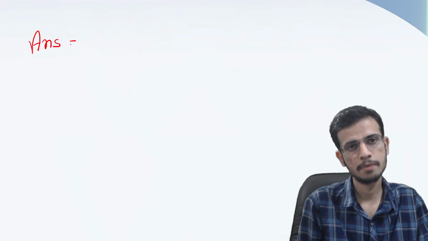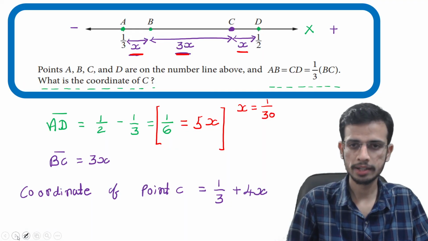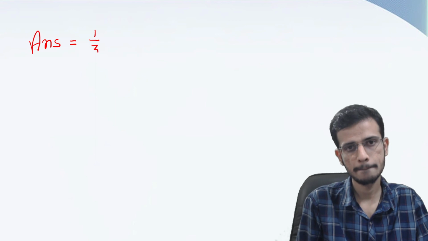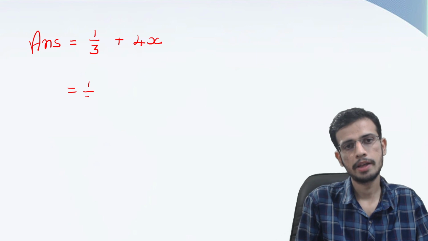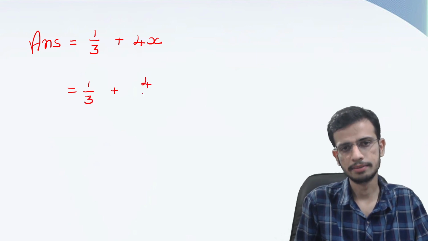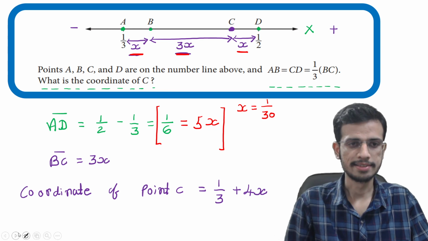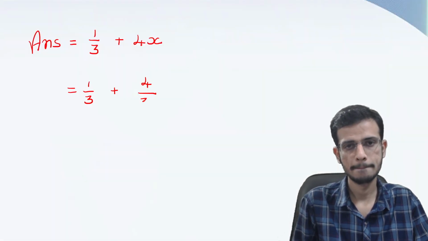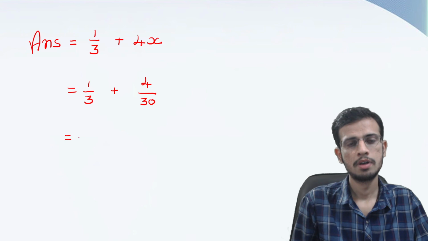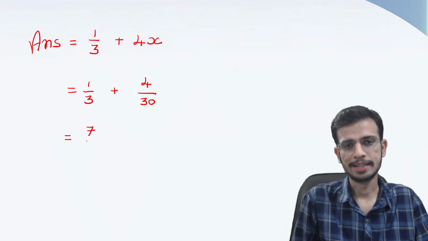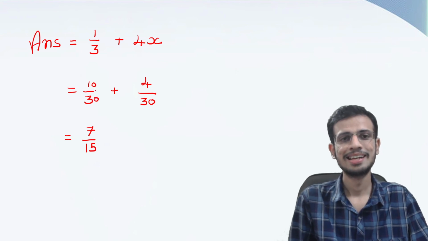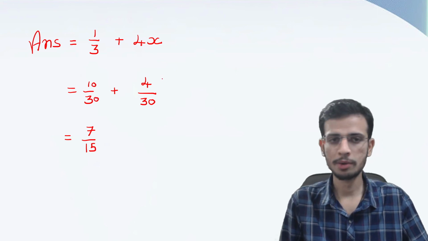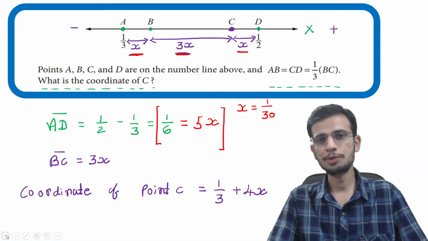The final answer will be 1 by 3 plus 4x, and the value of x is 1 by 30, right? That is equal to 7 by 15. You can just multiply by 10, so 14 by 30, so 7 by 15 is your answer for this numerical entry type question.